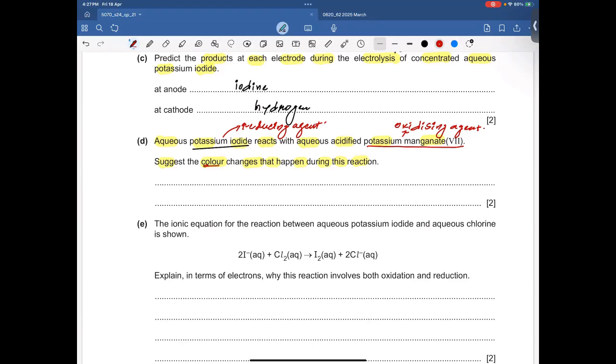So the examiner is looking for the color changes, right? Potassium manganate(VII) has a purple color. When it reacts with potassium iodide, it is going to become colorless. But since iodine is formed and iodine has a brown solution, the final observation would be purple to brown.